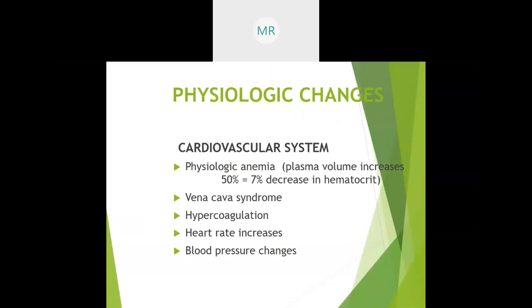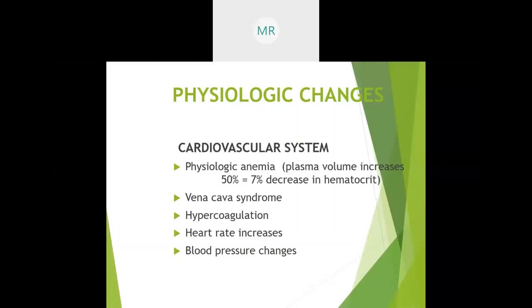Cardiovascular system. There is a state of hemodilution, which we call a normal physiologic anemia. That's when the plasma volume increases about 50%, with a 7% decrease in hematocrit. That's because the plasma levels increase and exceed the increase in red blood cell production.